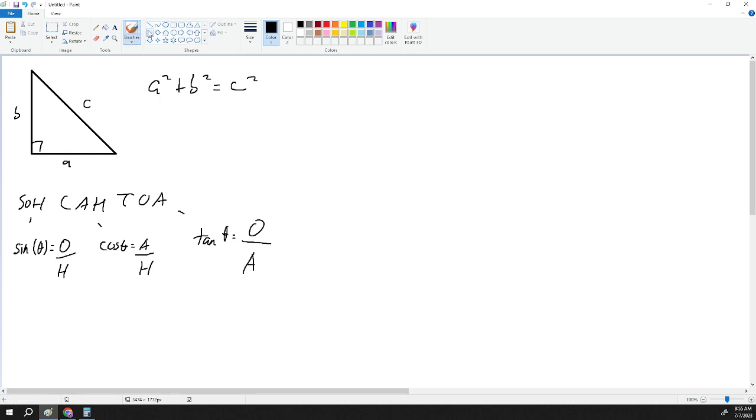Now, given like this triangle, ito yung aking angle. Which one here is my opposite of this angle? What is the opposite of itong angle na to?